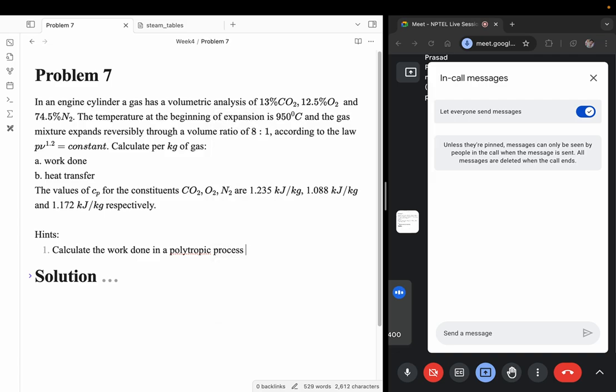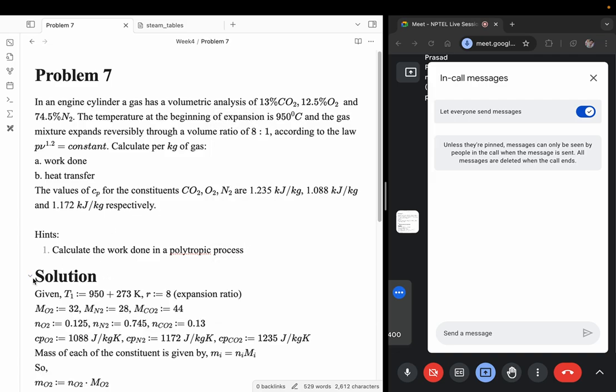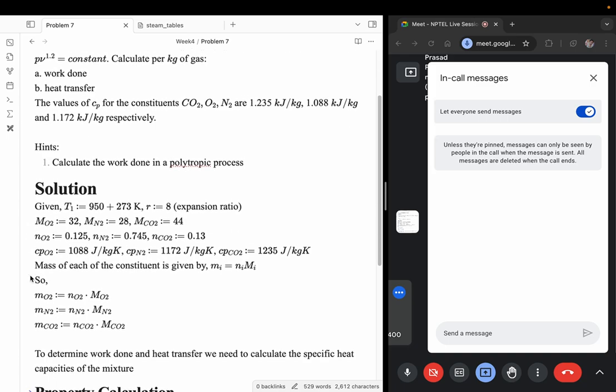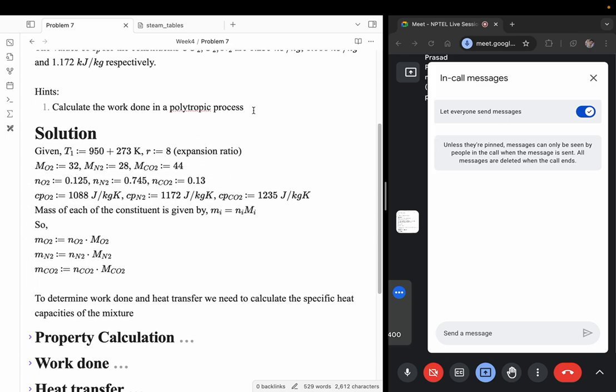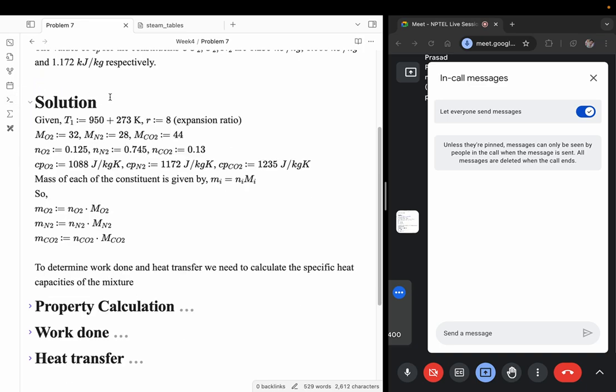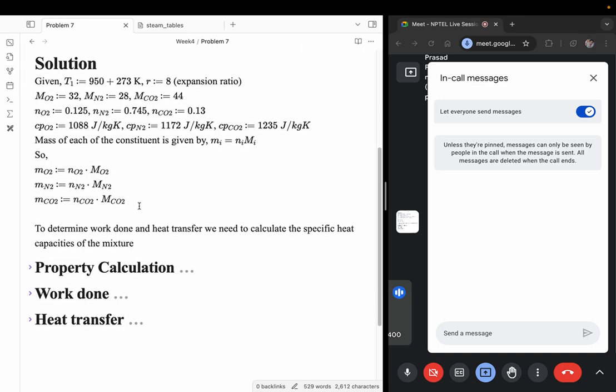If we want to use that equation, what do we need? All of this information is already given, but to determine this work and heat transfer, we need to know the specific heat capacities of the mixture.